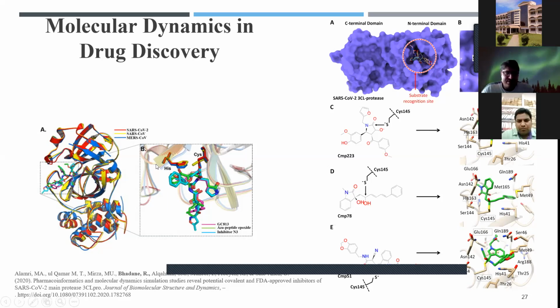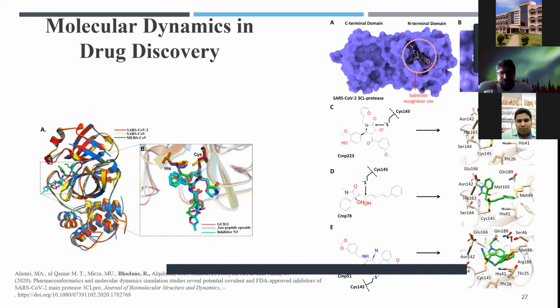When the structure was available, 6LU7 was the first structure reported, and it is with the N3 inhibitor, which is covalently bound there. So our target was to have an inhibitor, either covalent or non-covalent.